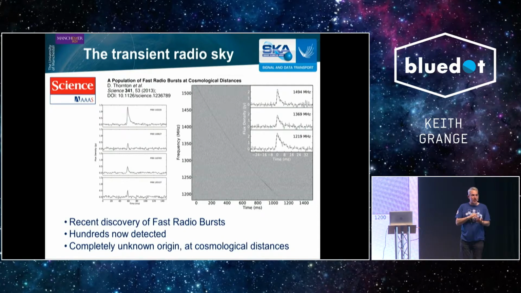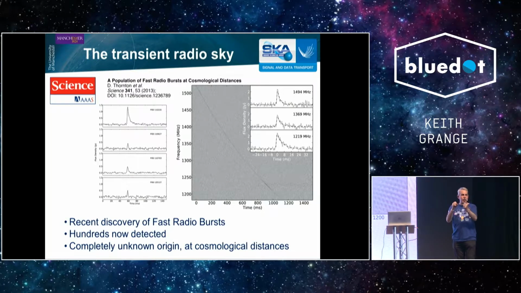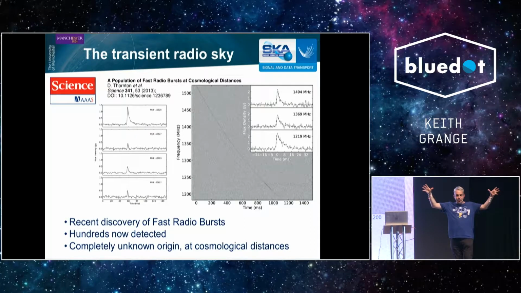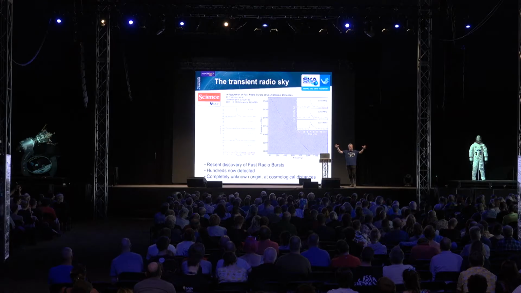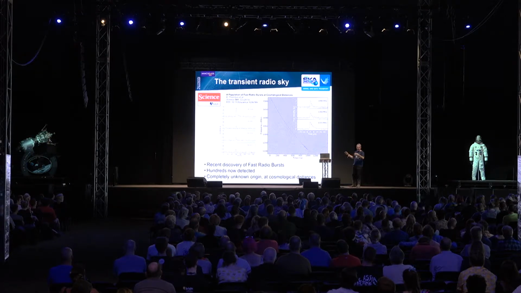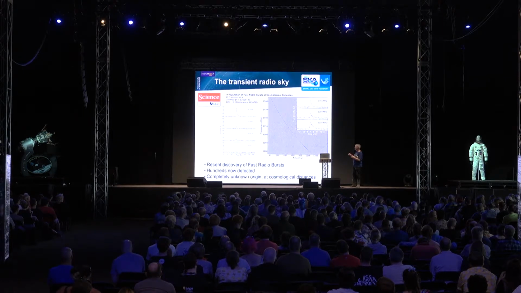Something which is a very recent discovery is called fast radio bursts. This is a plot of that you can just about see here. This stripe going across the plot on the right is some object having gone bang in a big way in the very, very distant universe, and we're seeing the light from it arriving at a radio telescope, actually one in Australia for this particular one.